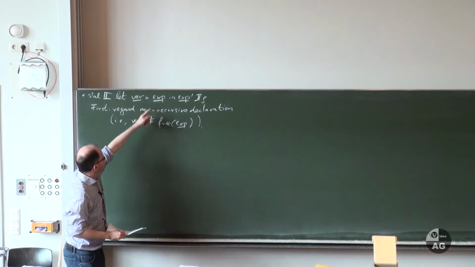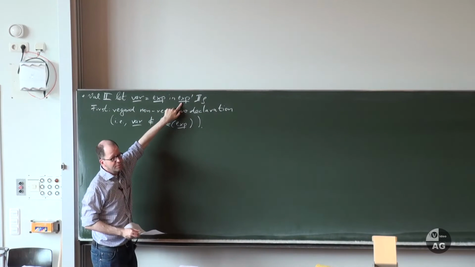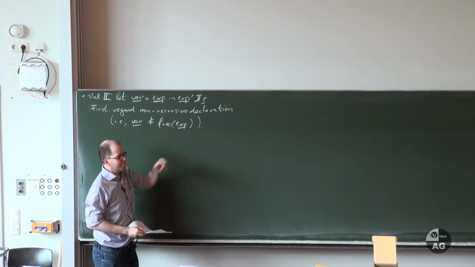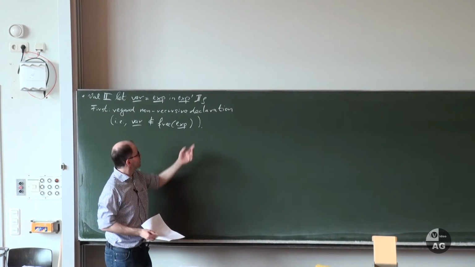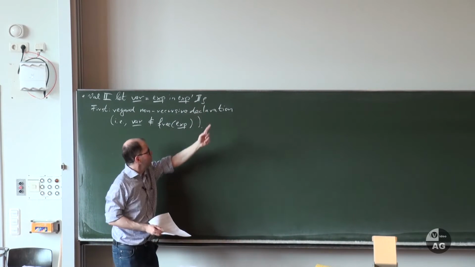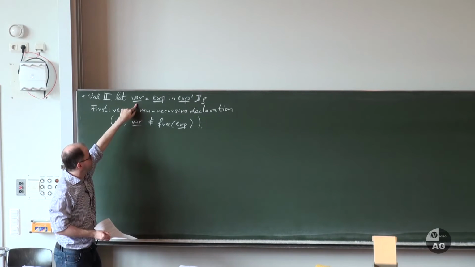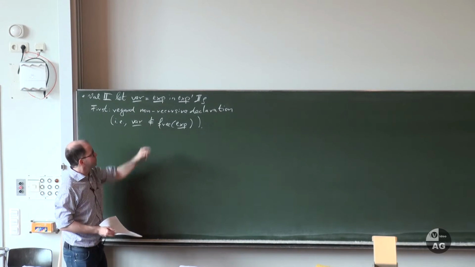Well, essentially the semantics of this expression is x prime, but the environment has been modified. The new environment is not just rho, but moreover, we know that this variable now has the value exp.